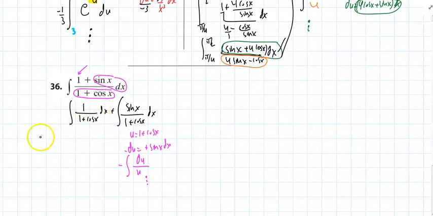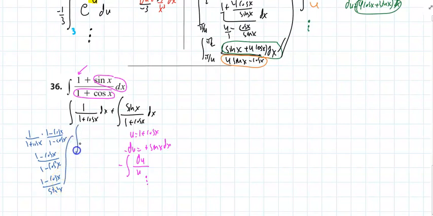Well, here, if I take 1 over 1 plus cosine of x and I multiply by the conjugate, I'll get 1 minus the cosine of x over 1 minus the cosine squared of x. And wouldn't that be 1 minus the cosine of x over sine squared of x?